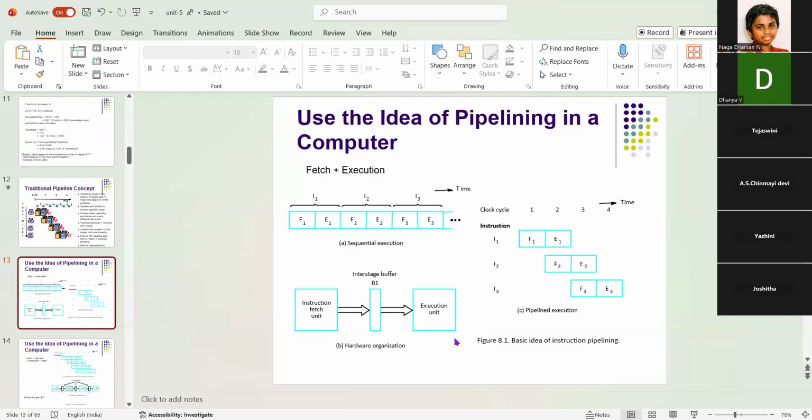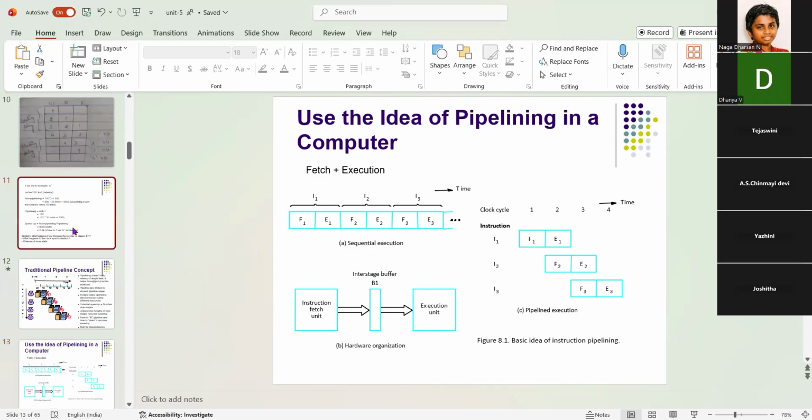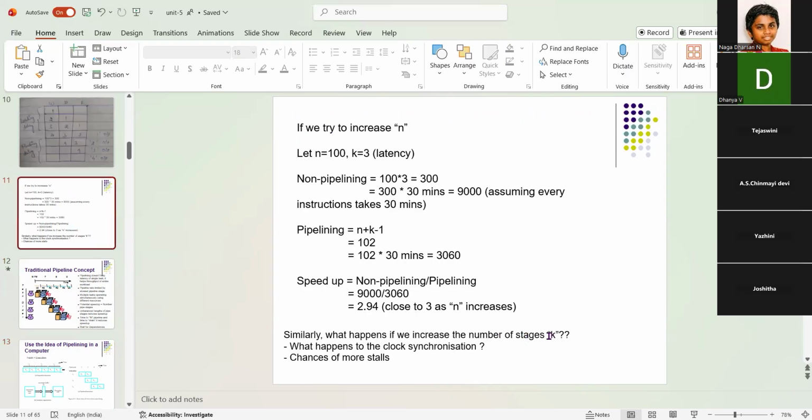The idea of pipelining is to make it better, more optimized. You have to try and make the execution faster. So if you add more buffers and reduce the clock synchronization, it defeats the whole purpose of pipelining itself. That's why even Intel's Pentium Pro or something, they've tried only up to some 21 to 30 stages. So it can't go more and more. What happens to the clock synchronization if we increase the number of pipeline stages?